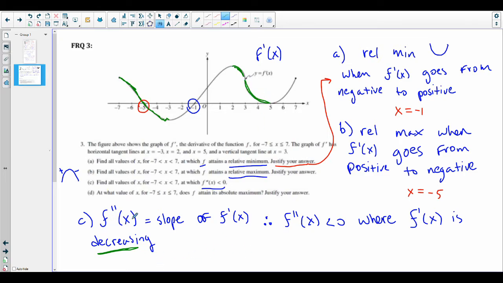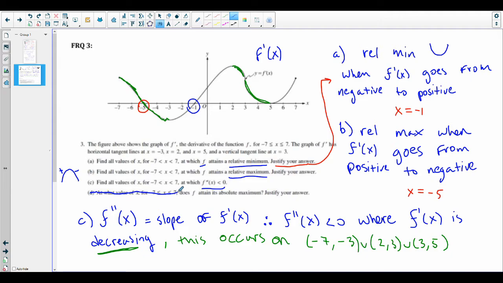So f double prime is less than 0 where f prime of x is decreasing, and this occurs on the intervals from -7 to -3, then from 2 to 3. Because we have this vertical tangent here, we have to exclude 3 from that interval. So we break up 2 to 5 into 2 to 3 and 3 to 5. Cool.